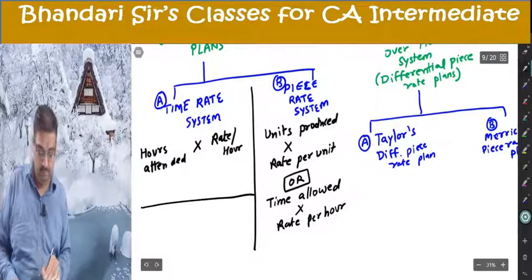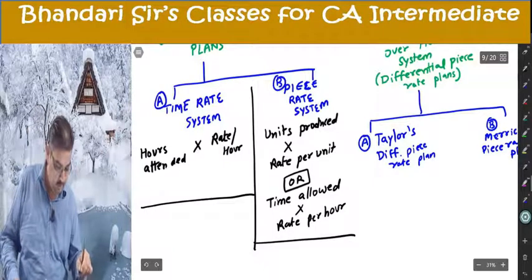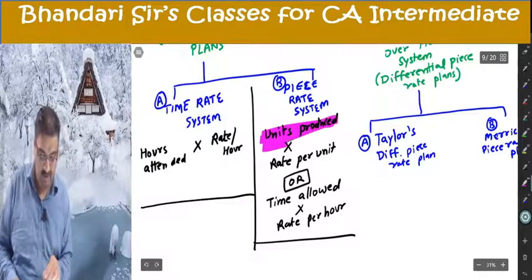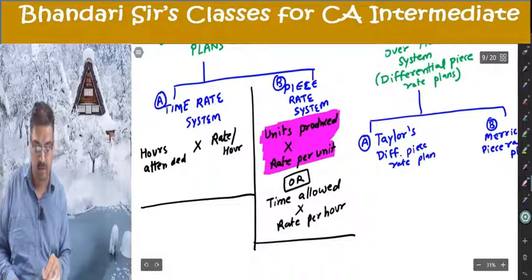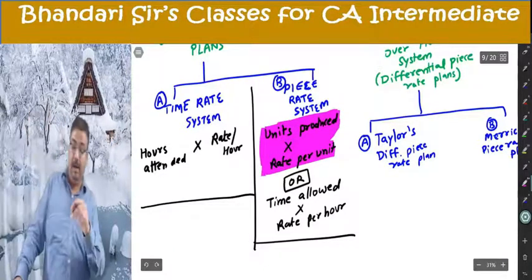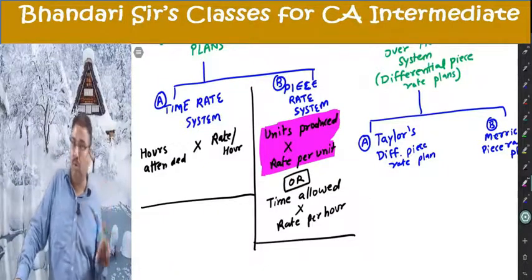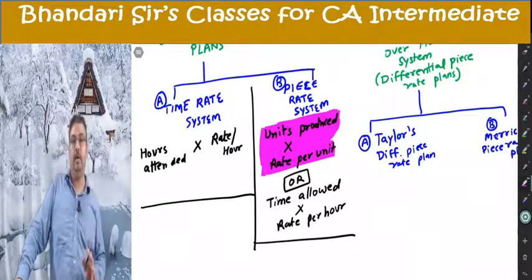Make sure this first formula is preference 1. If you cannot apply this first preference, then only you look at the time allowed into rate per hour.